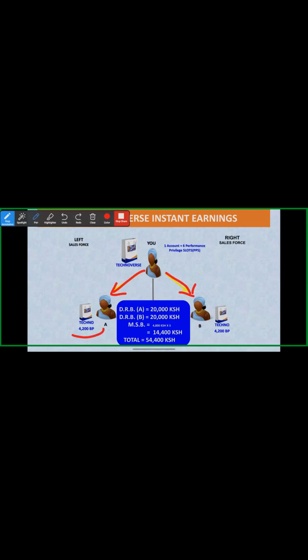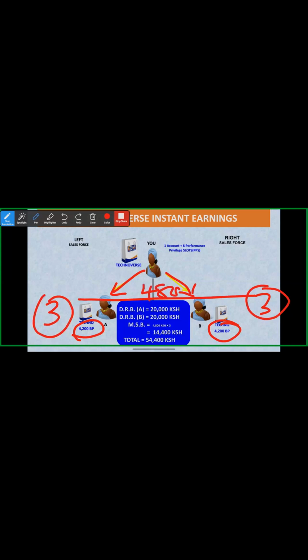And because this is 4,200 and this is 4,200, hapa ni kama umeconnect watu watatu, hapa ni kama umeconnect watu watatu. Remember how the system pairs 1,400 and 1,400, that is 4,800. 1,400 and 1,400, that is 4,800. And the third one, 1,400 and 1,400. So you'll make a total of 14,400 plus the additional 40,000 for connecting these 2 people into the system.